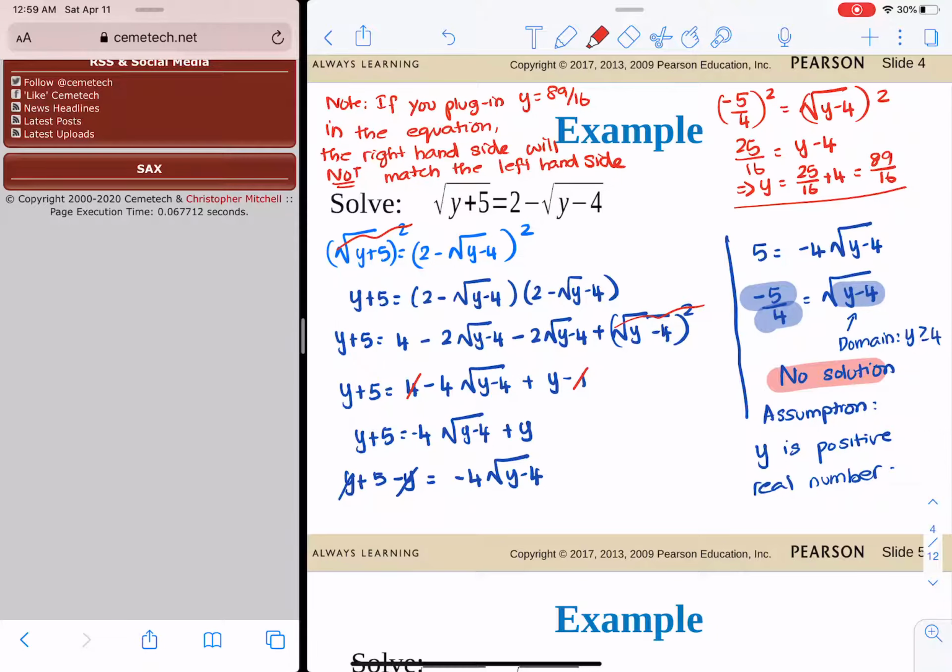So again, there is no solution. I personally find using the domain and coming to a conclusion a better option. And we are looking for positive real numbers, and keep that in mind. We want positive real numbers as the answer.